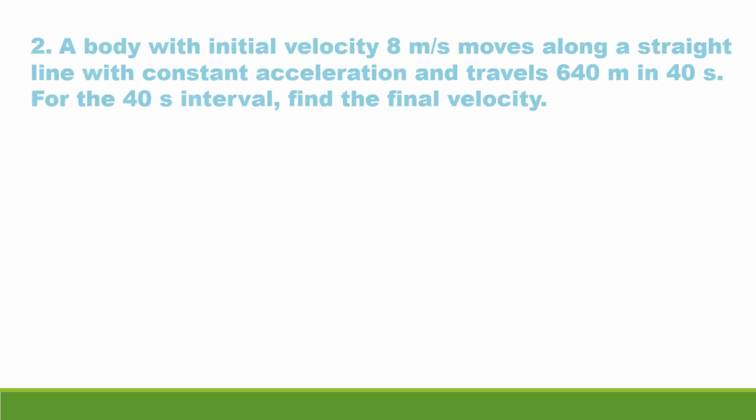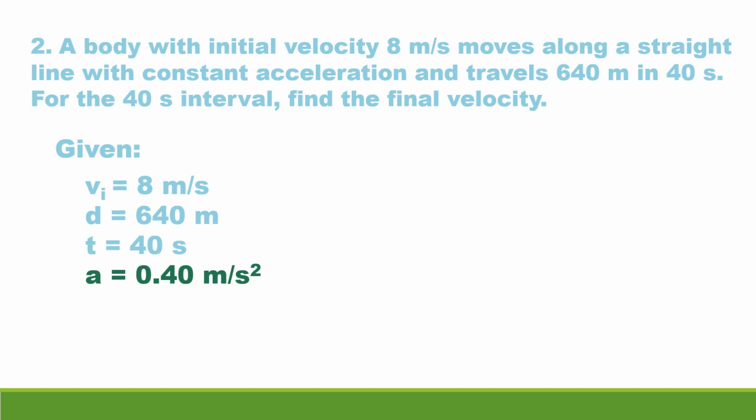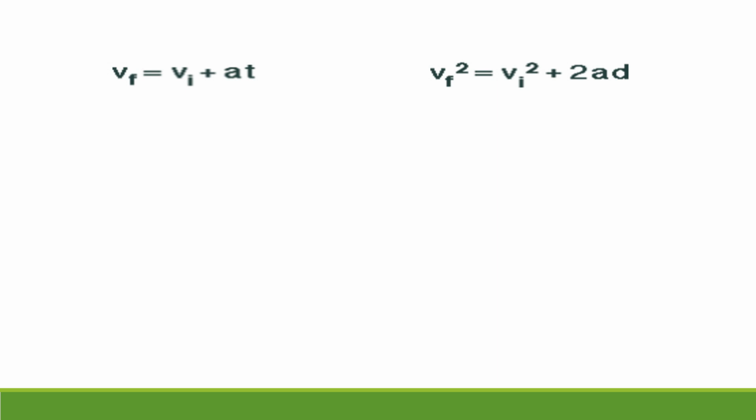Now with the same problem, let's use the acceleration to find the final velocity. The givens are the same, except we add the acceleration and we need to find the final velocity. We can solve this problem in two ways, but either equation number 1 or 3 will give us the same result.